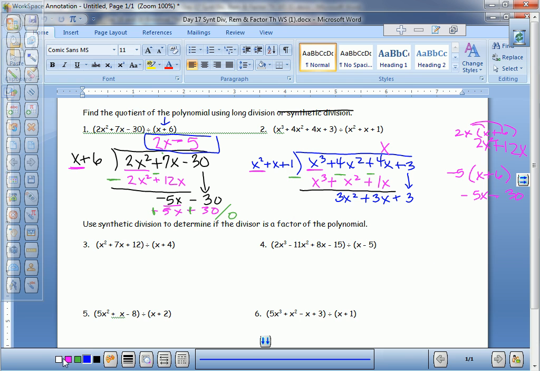So what do you multiply the x squared by to get a 3x squared? A positive 3. So 3 times this is 3x squared. 3 times the middle one is 3x. 3 times 1 is 3.